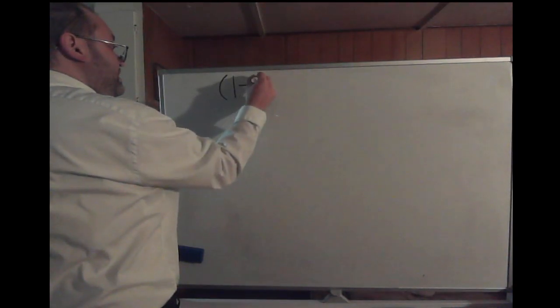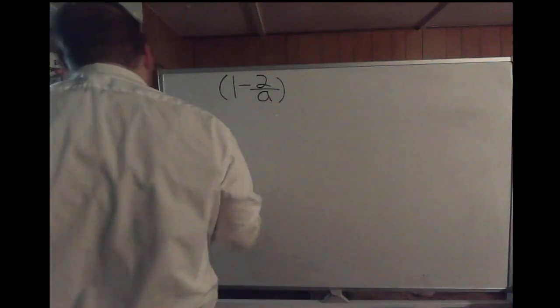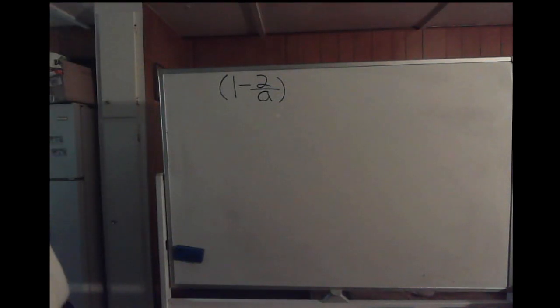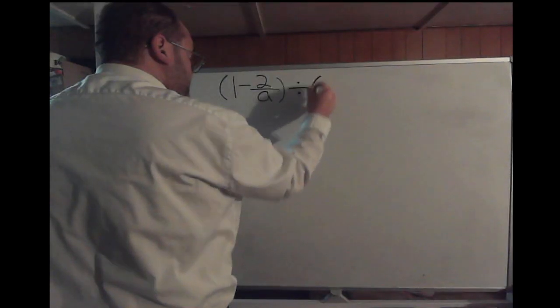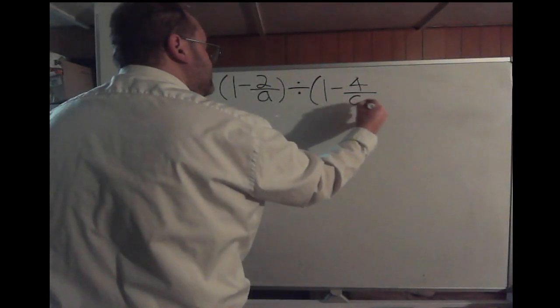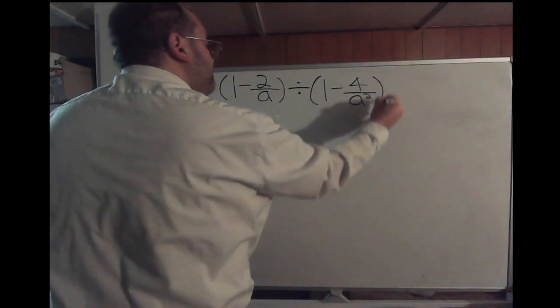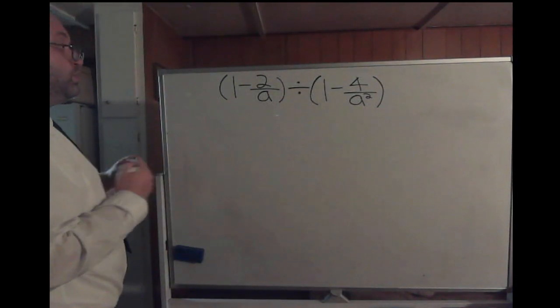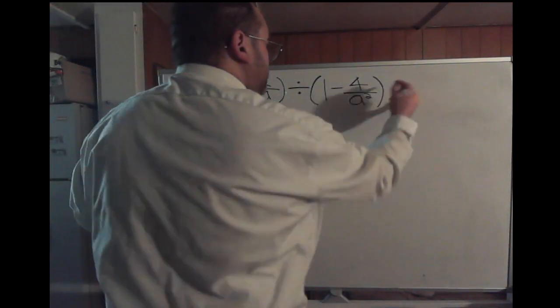We have 1 minus 2 over a divided by 1 minus 4 over a to the second. Alright, so again, deal with your parentheses, take each of these individually.